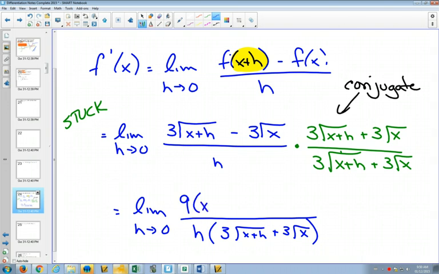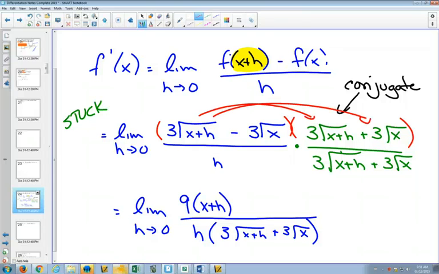That's going to just be 9 times x plus h. And the nice thing about a conjugate, when you multiply this set by this set and you do all of the arrows, can you see that when I multiply these two outside ones, I'm going to get 9 and then root x plus h times root x? And when I multiply these two inside ones, I'm going to get negative 9 and then the root x and the root x plus h. Those are going to go away.